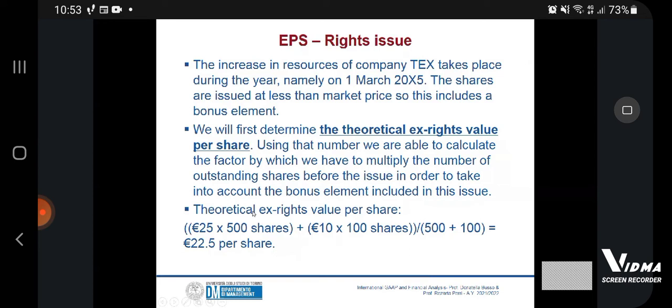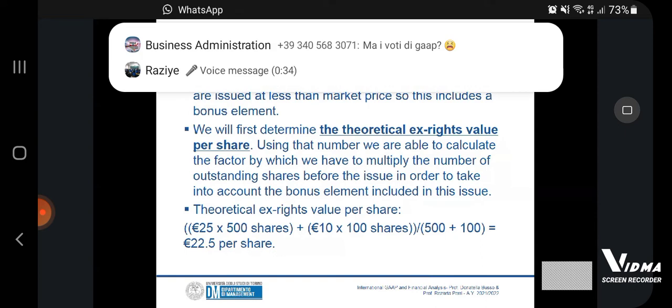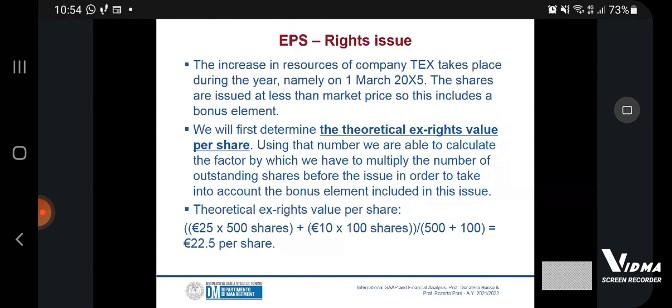If you hear this word even in your future work, remember it is the total market value of the shares, the product of number of shares and the price, okay?